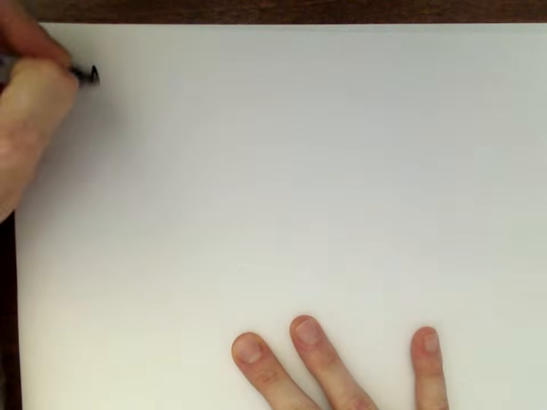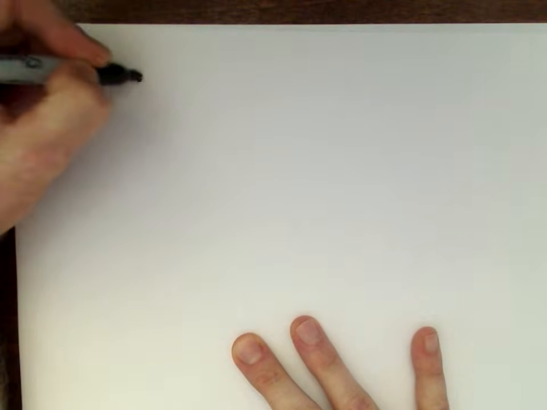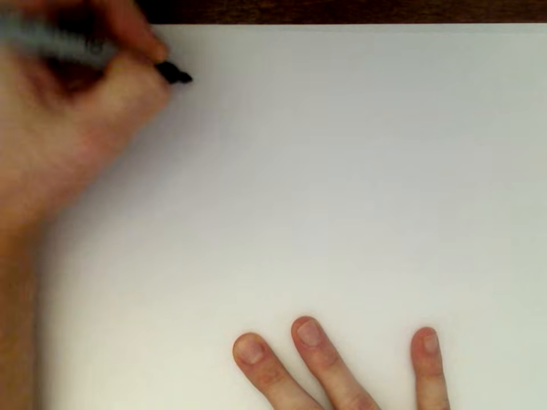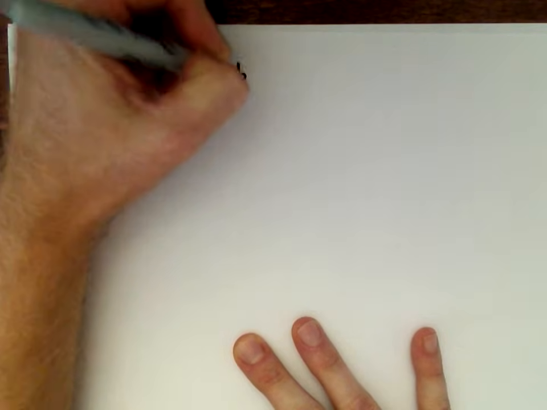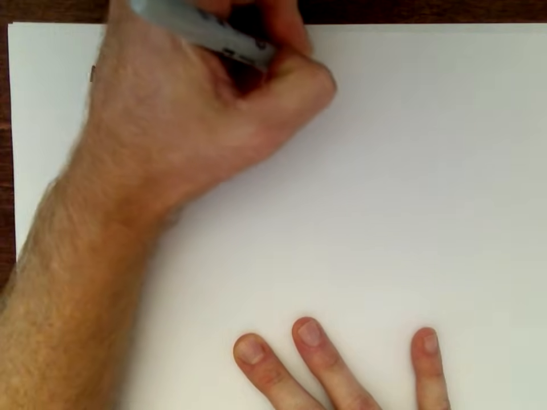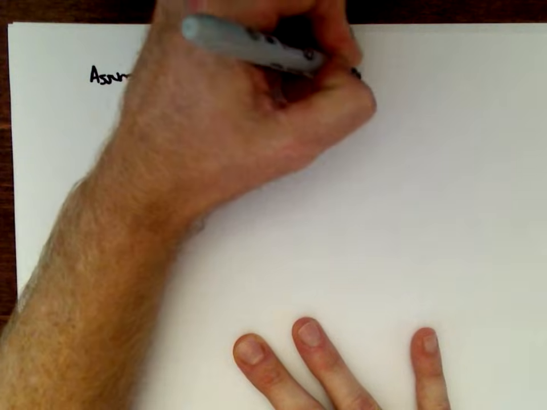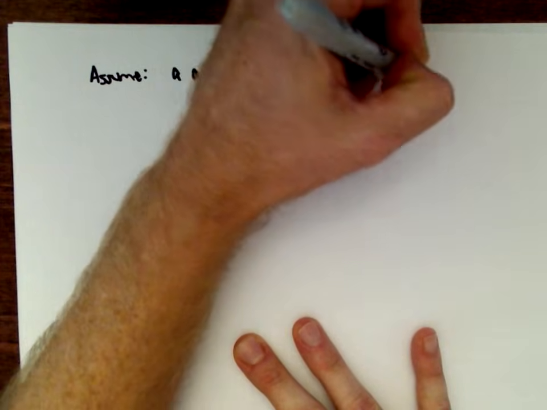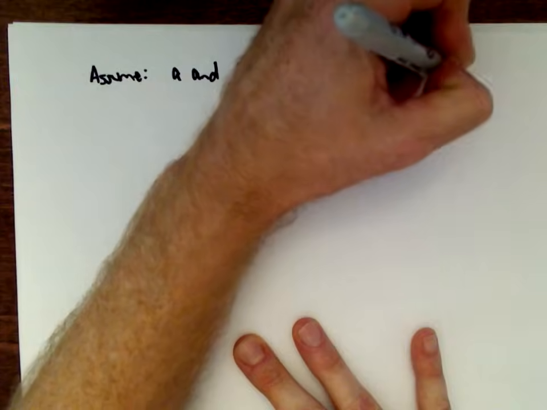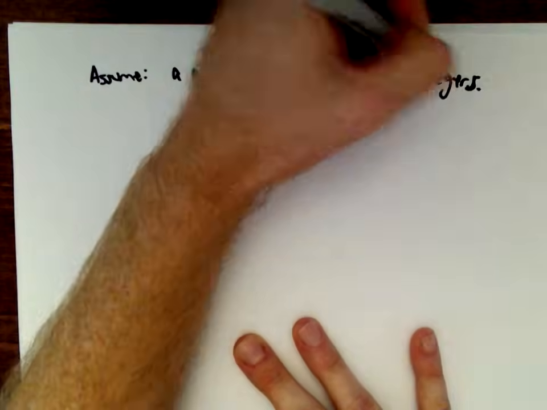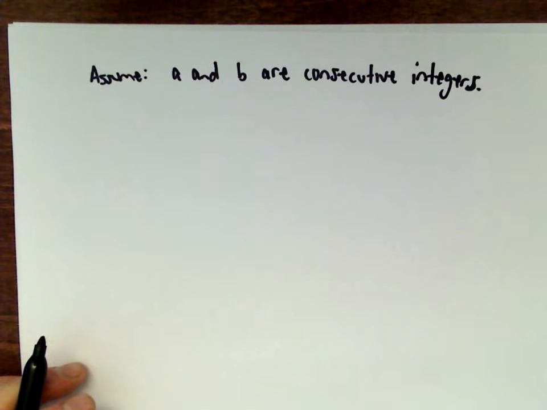Here's our if part: we're going to assume that A and B are consecutive integers. I'll put integers in here. I feel bad that I didn't write it in the last one. So let's assume that A and B are consecutive integers.